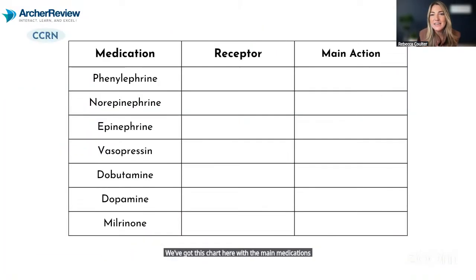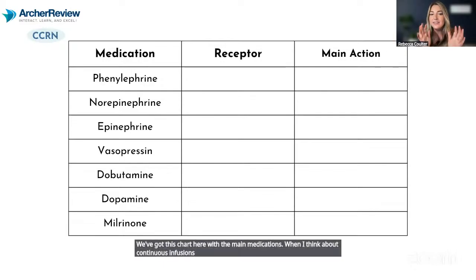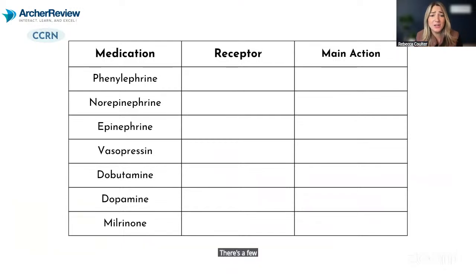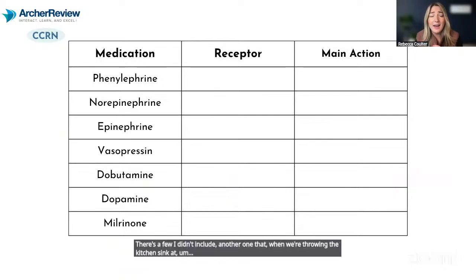When I think about continuous infusions in the ICU, these are the top 7 that I think about, the ones we give most frequently. There's a few I didn't include. Another one, when we're throwing the kitchen sink at a patient, is methylene blue, which has an interesting mechanism of action, but these are our most common ones.